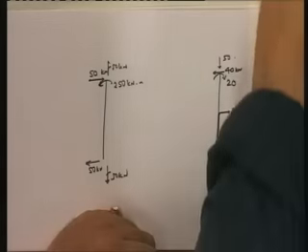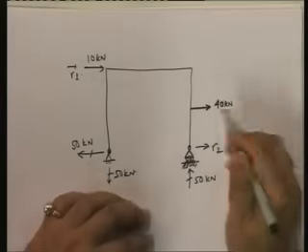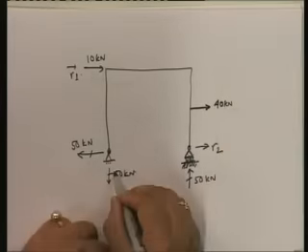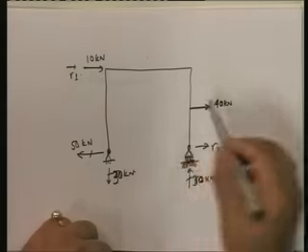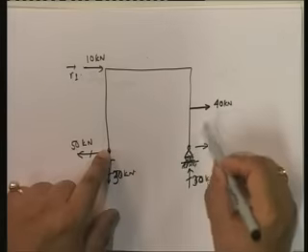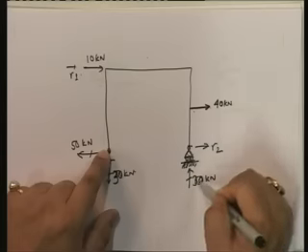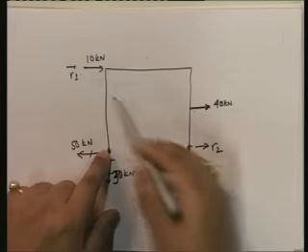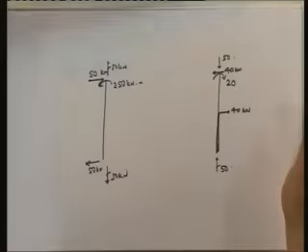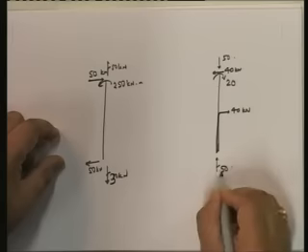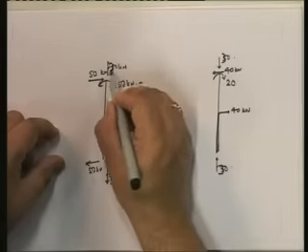Actually, this is where I made a mistake. This is 30, and this is 30. If you take moments about this, 40 into 2.5 is 100, 100 plus 150 divided by 5 will give me 30. So this is going to be 30, 30, 30, 30.